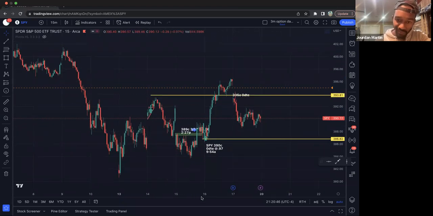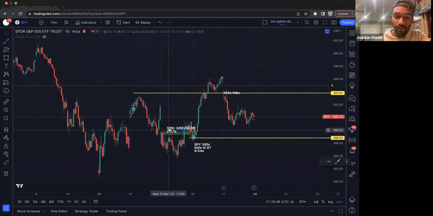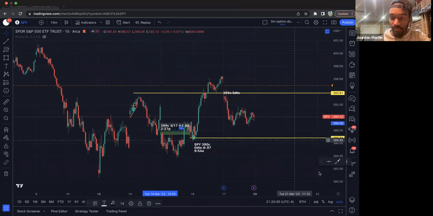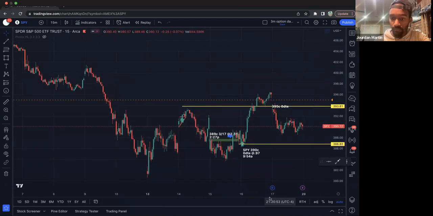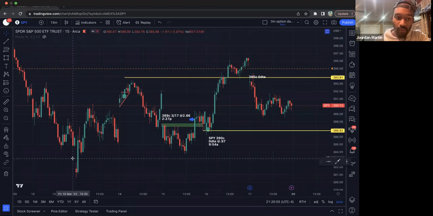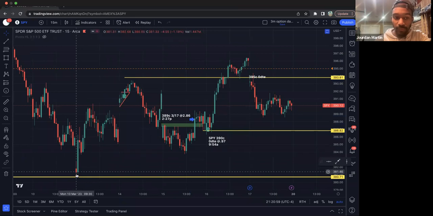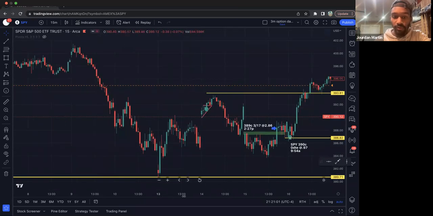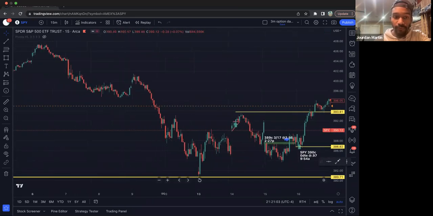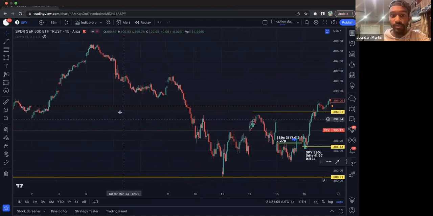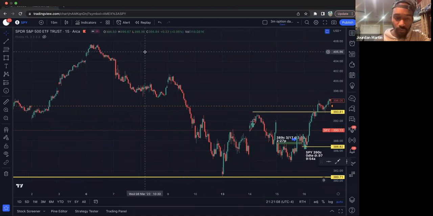The second thing that stands out to me when I'm looking at this is that we made a low here, but after that, we didn't come back down here. If you're familiar with trend, you understand swing highs and swing lows.